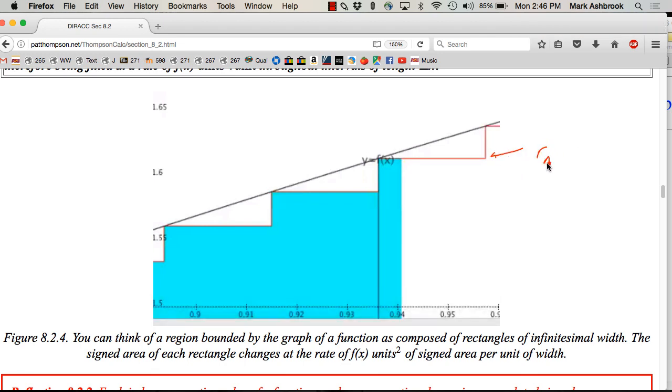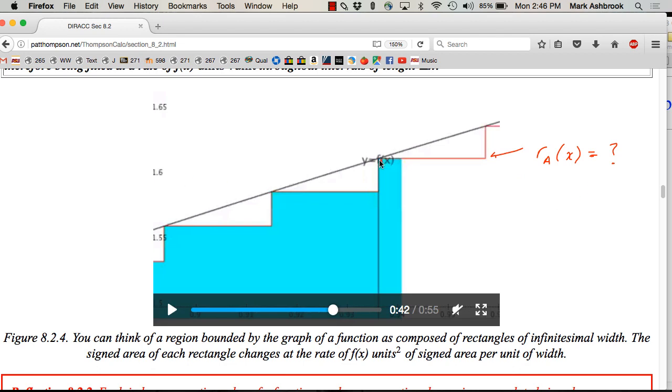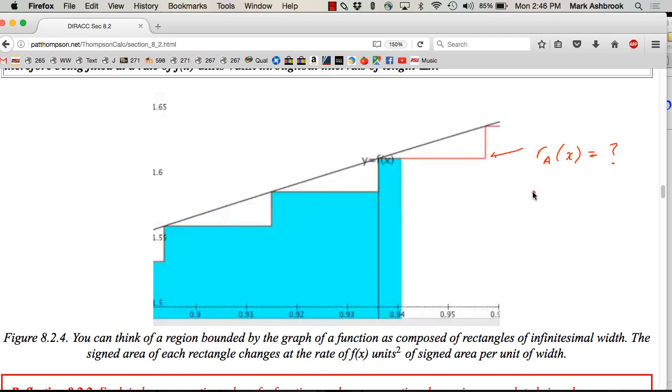So what's the rate of change of area of x right there? Yeah, about 1.6 or what? So it's like about the value of the function, right? So like f of 0.94.